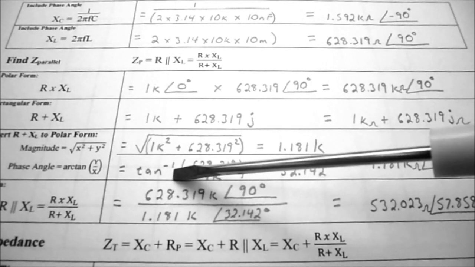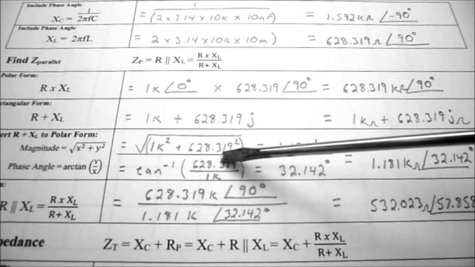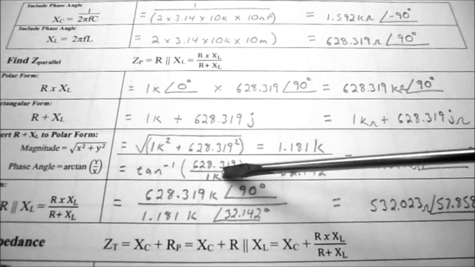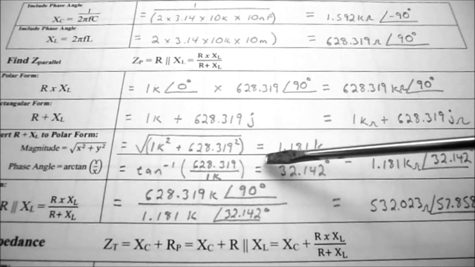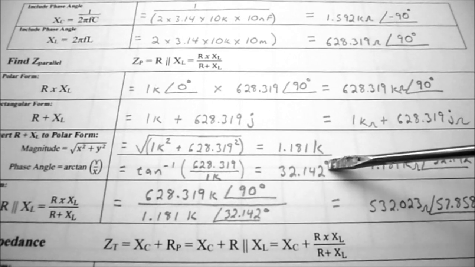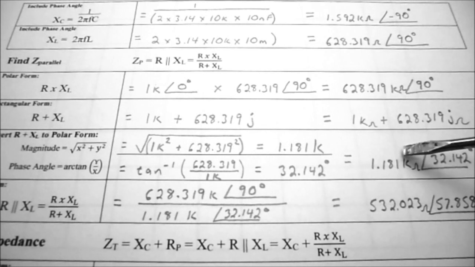So on your calculator, it's tan to the minus 1, bracket, 628.319 divided by 1k, close the bracket, and that equals 32.142 degrees. So our answer, converting R plus XL to the polar form, is 1.181k at an angle of 32.142 degrees.